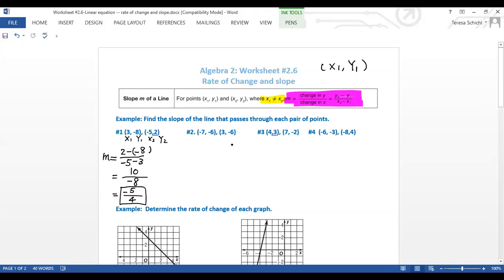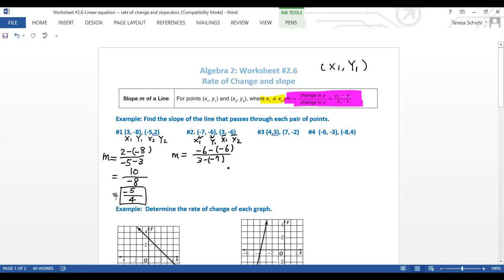Now let's take a look at the second problem. This is x1, y1 and x2, y2. The slope is the same formula. Be careful about the negatives, because the calculations most likely to kill you are the negative things. So it's 3 minus -7 and -6 minus -6.